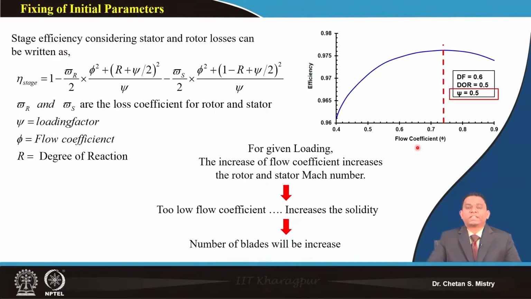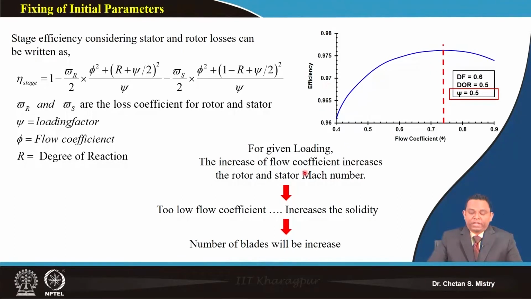Now let's take the second case. Suppose this represents the variation of flow coefficient along with the efficiency, where we have taken our loading coefficient to be 0.5. In this case, you can say with increase of our flow coefficient, my efficiency is going to increase. The increase here is by a few points.